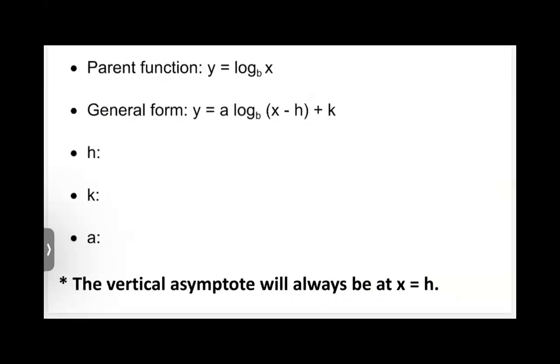Okay. So here, the general form is y equals A times log base B of x minus h, plus k. They have A listed last, but I'm going to start with A. A is going to tell you whether or not it's reflected. It's reflected if A is negative.